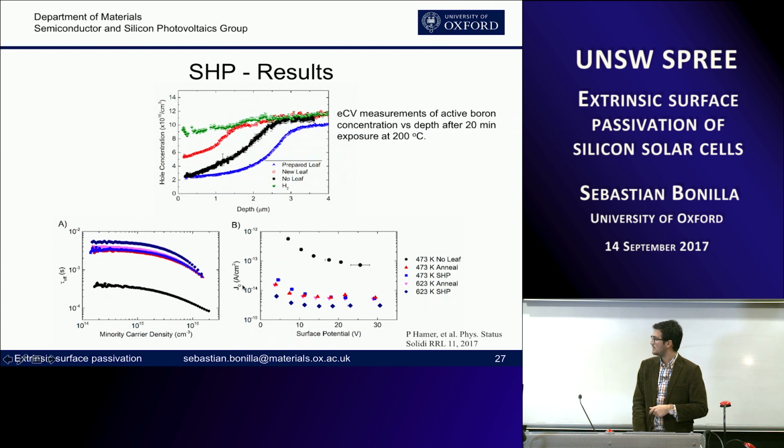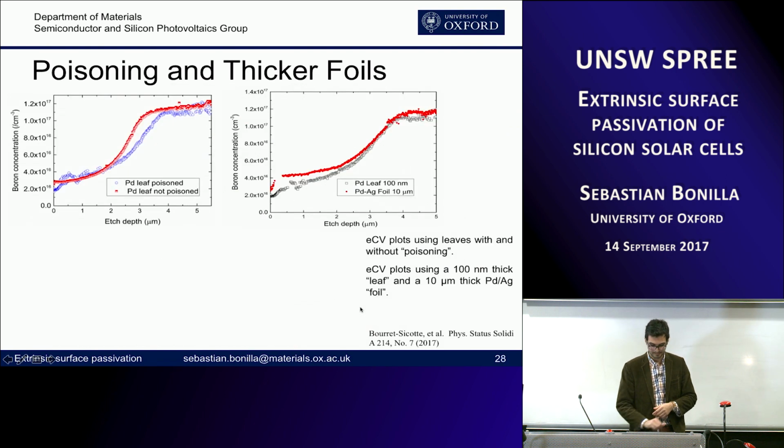But we could also test it on oxide passivated samples. So this would simply introduce some hydrogen into the interface of thin oxide films on silicon, and we could see that whenever we did that, we would get better J0 values on our specimens.